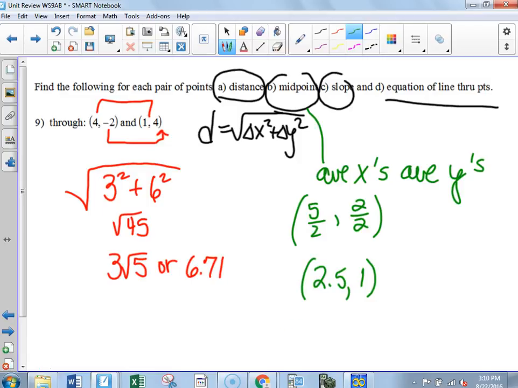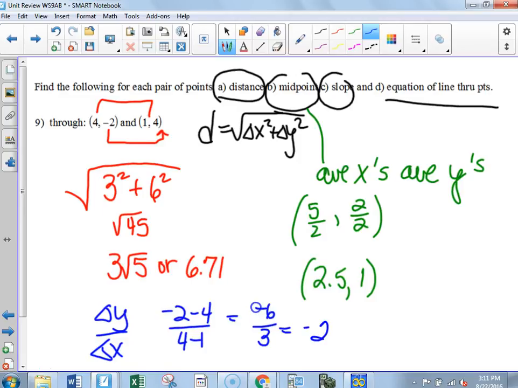Slope. If you do all your slopes backwards, it's going to be a rough summative, okay? You got to remember slope is y over x, right? So something like this. I got -2. Does anybody else get that? Yep, on number 9. Okay.